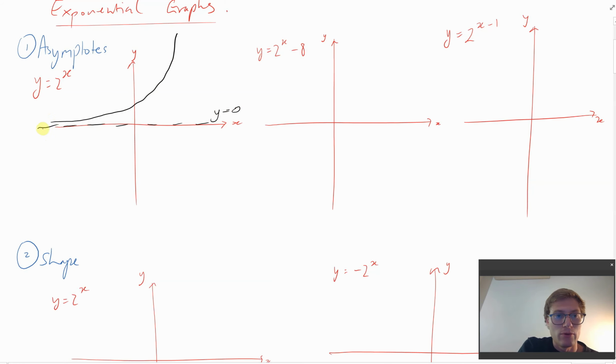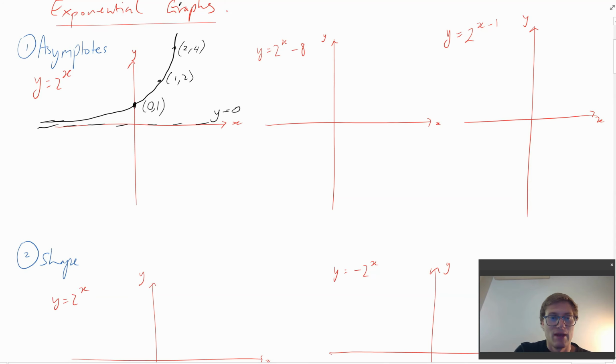Down here it approaches 0, it approaches the asymptote, so make sure your graph goes really close to your asymptote there, and then it just grows exponentially up to infinity. Now if you consider the y-intercept when x is 0, anything to the power 0 is 1, so that point must be (0, 1). And you can find some other points too. For example, 2 to the power 1 is 2, 2 to the power 2 is 4, 2 to the power 3 would be 8, so that would be way up here somewhere.